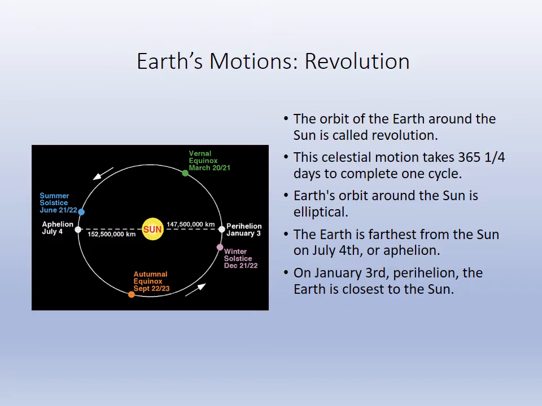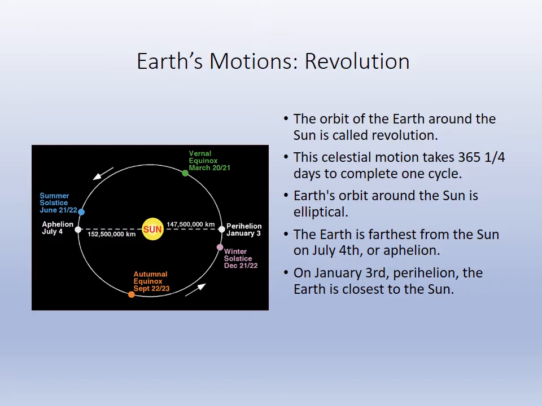Revolution, to go around: you can see it's elliptical, with the sun at one of the foci. We are furthest away from the sun on July 4th, aphelion. We are closest to the sun on January 3rd, perihelion, which should tell you that the distance to the sun, although 5 million kilometers different from one to the other, has little to do with climate.